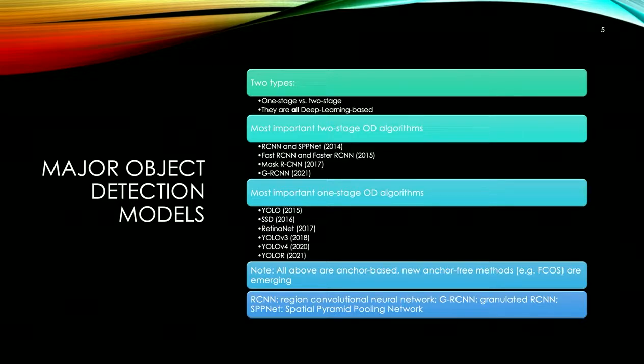Just to mention, all the major models mentioned above are anchor-box based, and nowadays some new anchor-free methods such as FCOS, the fully convolutional one-stage method, have become available and common.